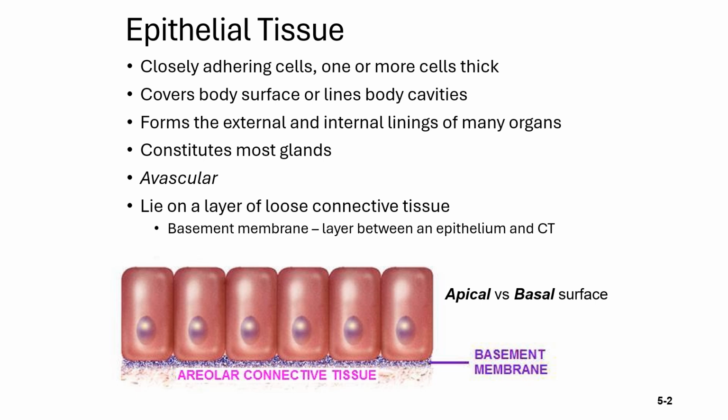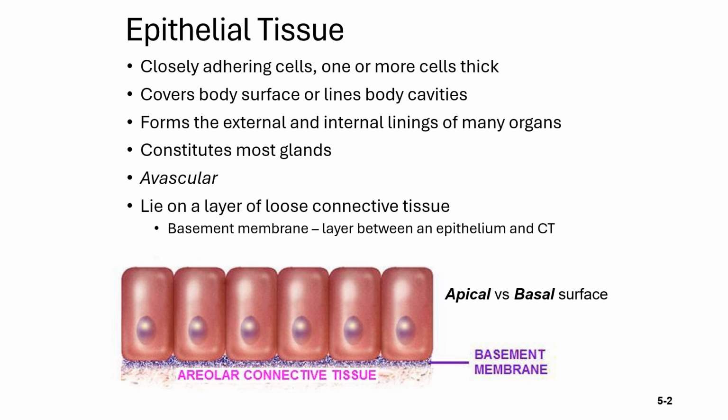So between the epithelium and the connective tissue, there is a basement membrane. Now the epithelial cells have got a basal surface and an apical surface. The basal surface is towards the basement membrane, and the apical surface is towards the cell surface.